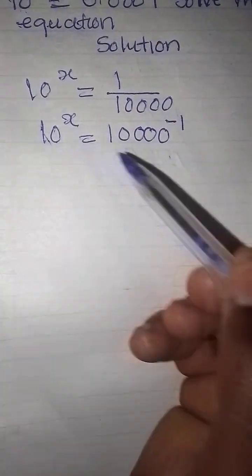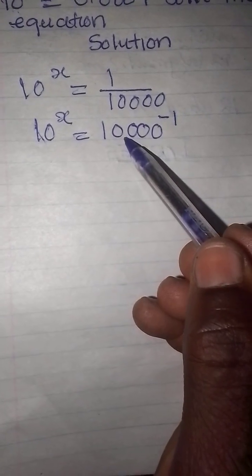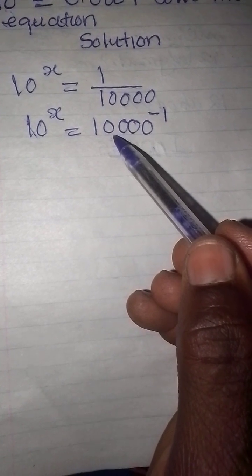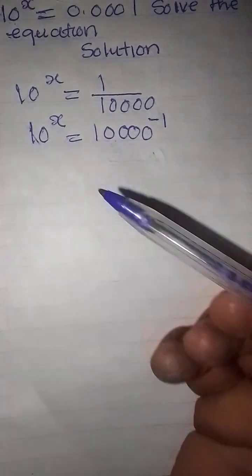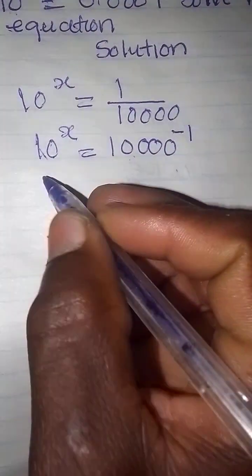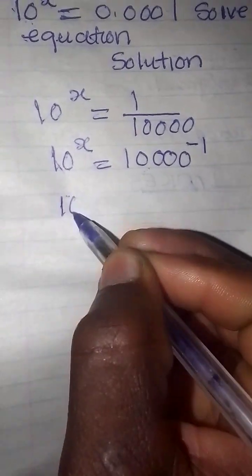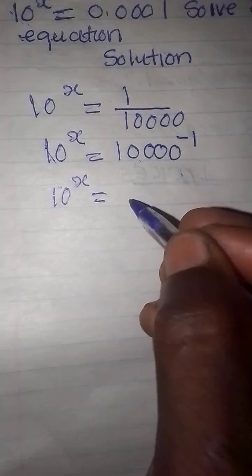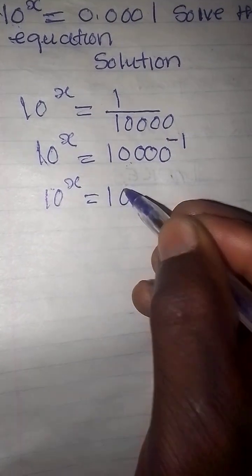So what we'll do is make the bases the same. These 10, we should try by all means to have 10 on this side also, so that the bases cancel. If I've got the same bases, they cancel, and different bases they don't. So this is 10, so it will be 10 to the power x, it will come the way it is, equal to 10 to the power how many, which should give us 10,000.